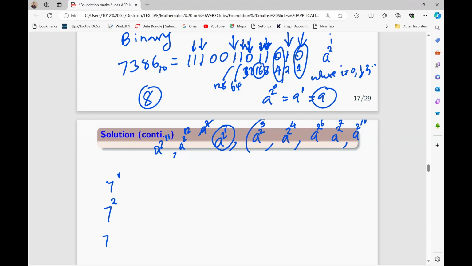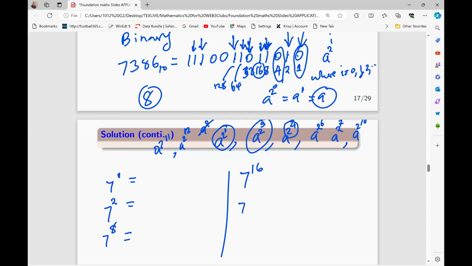Then 2 raised to 3. So we must find this, this, and this, then come and find 2 raised to 4, that is 16. Is that okay? Yes.